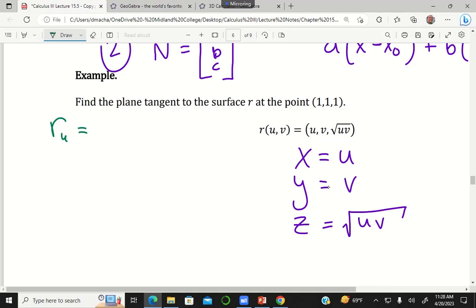That vector is going to be 1, 0, and then the partial of this with respect to u is going to be one half times 1 over square root of uv, and then times v, right? So we're treating v as a constant. I'm going to take the partial with respect to u.